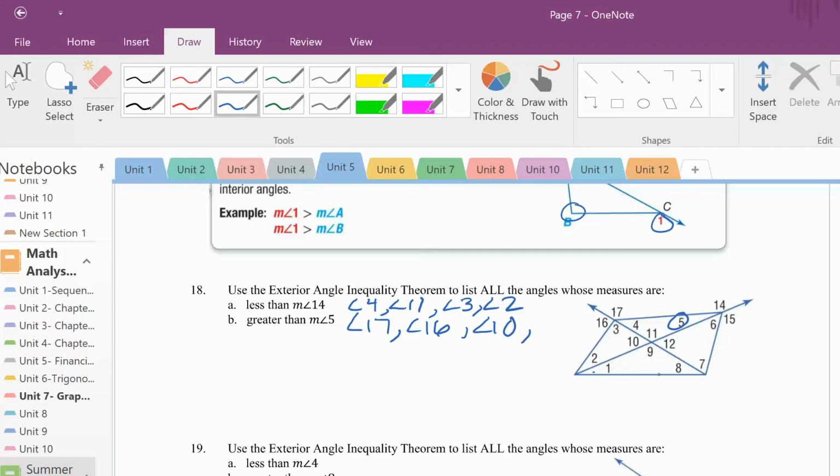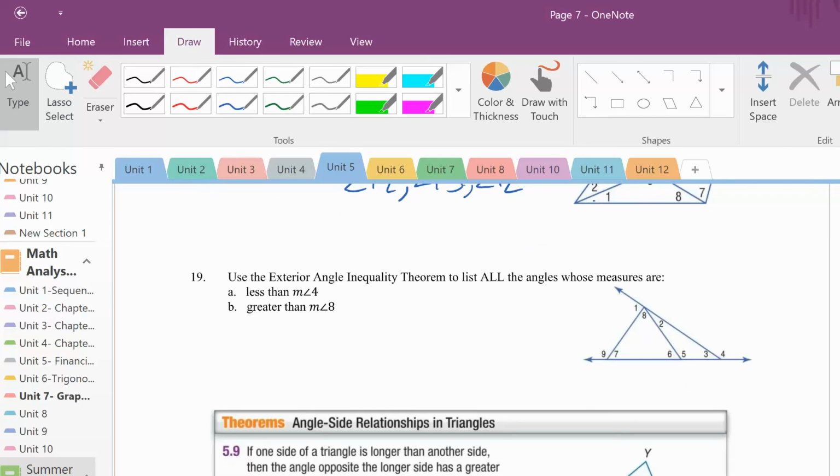And we could also say that angle 12 here is an exterior angle. We could also say that angle 15 is an exterior angle to that triangle. And last but not least, angle 12. So those are all the angles that would be greater than the measure of angle 5 because they are exterior angles to that triangle.